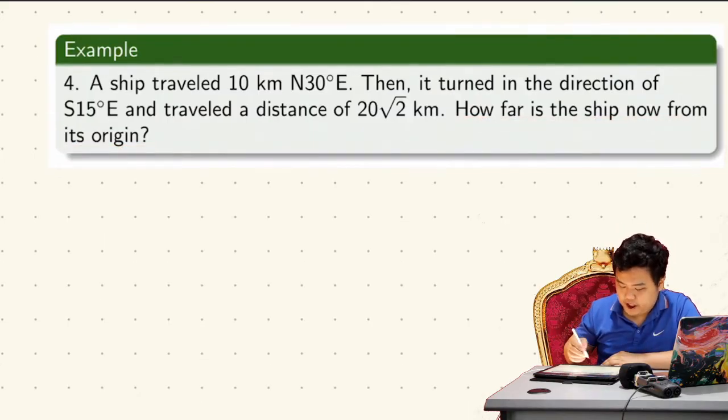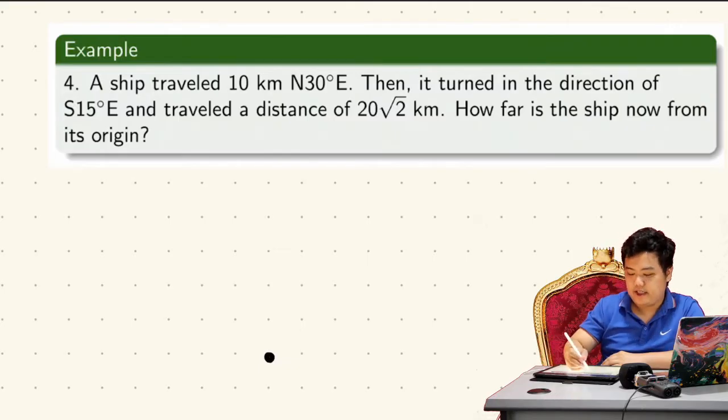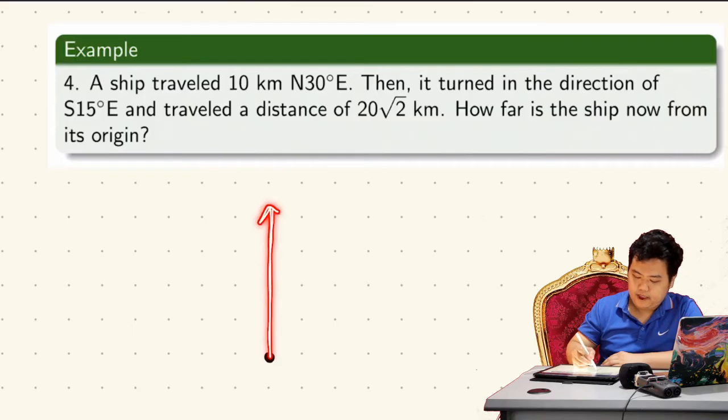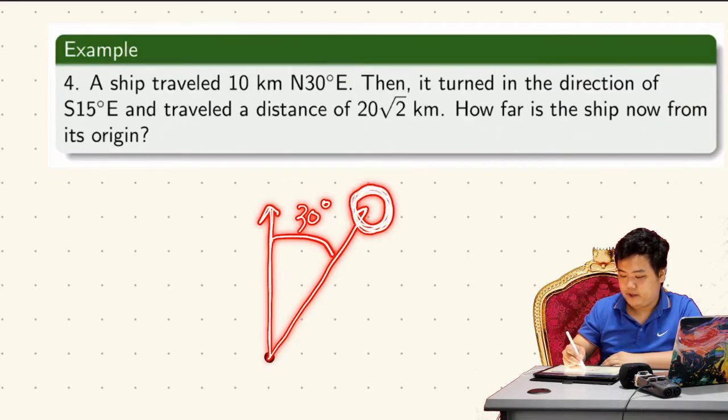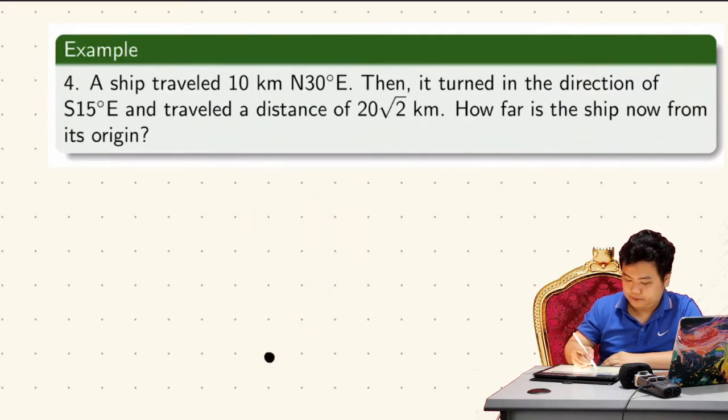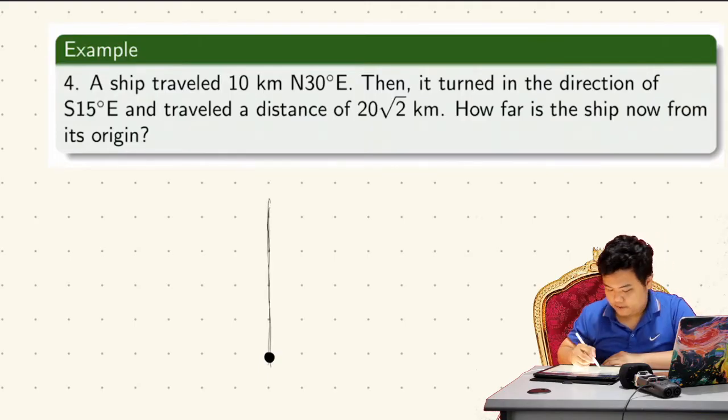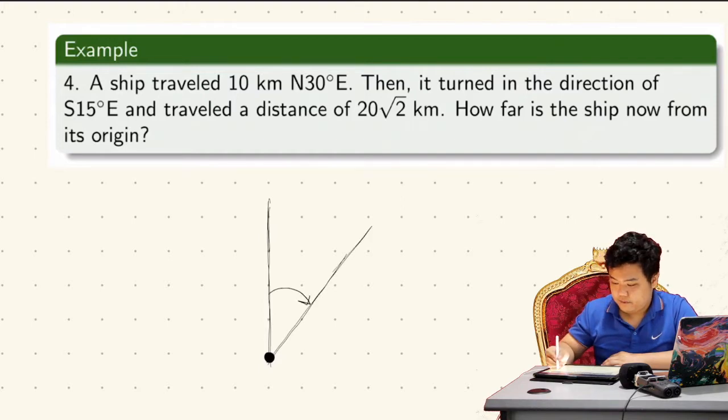So, let's say the ship started from here. So, nag-travel siya at this direction. So, magno-north tayo. Tapos, east. 30 degrees. So, yung ship mo nandito. Okay? So, this is 30 degrees.